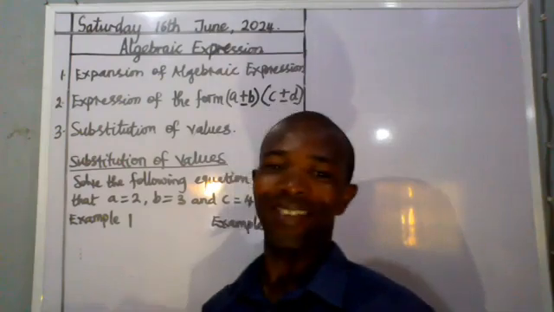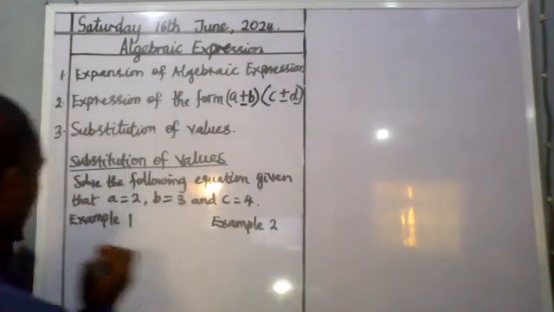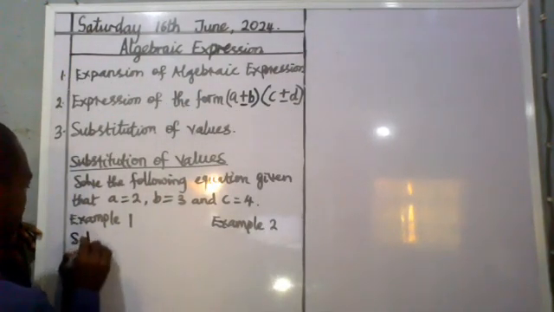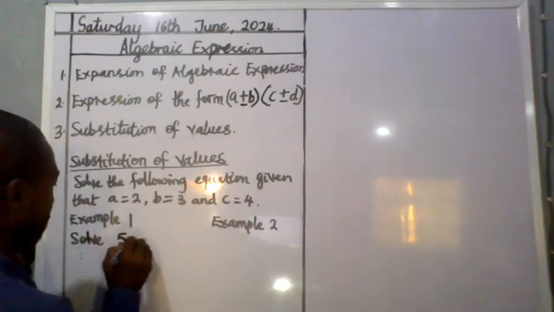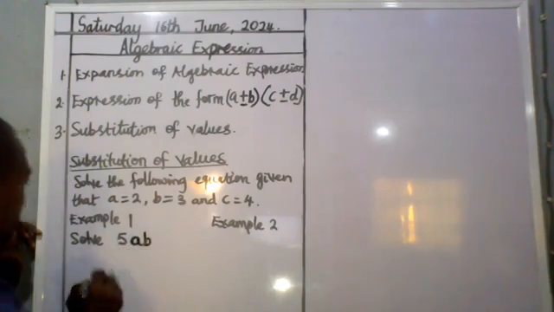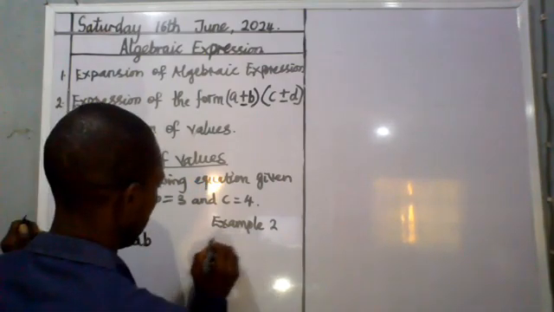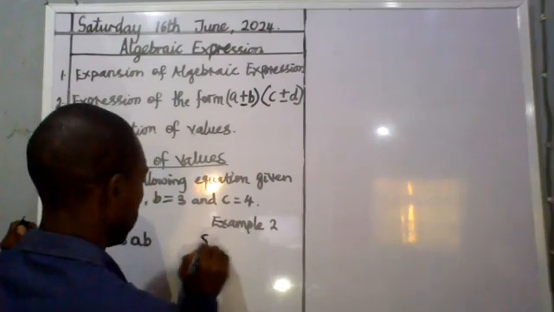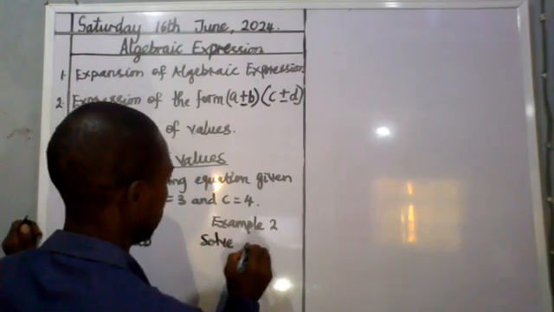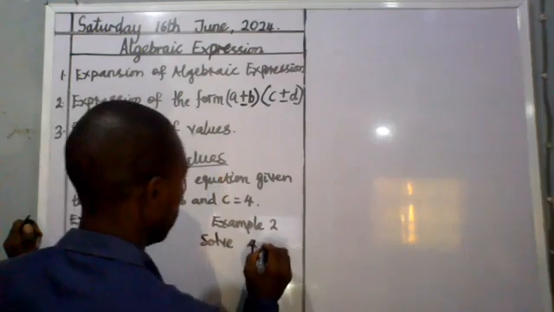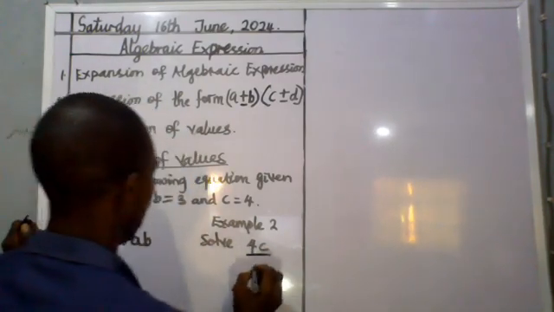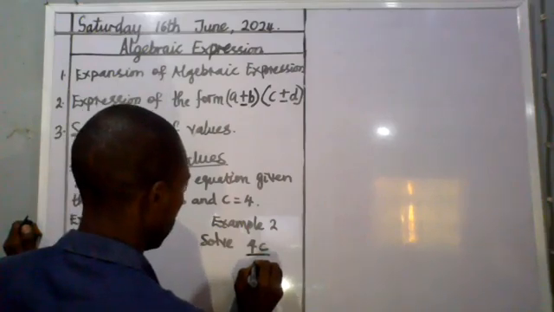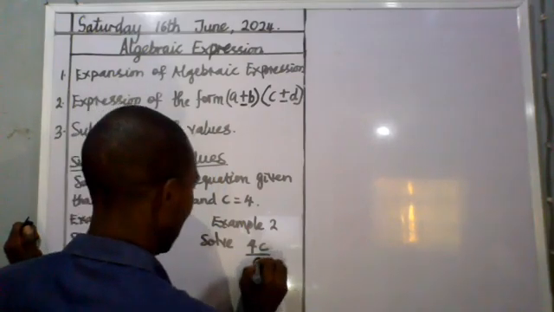How do we go about it? Solve 5ab. Then here we have solve 4c divided by a.